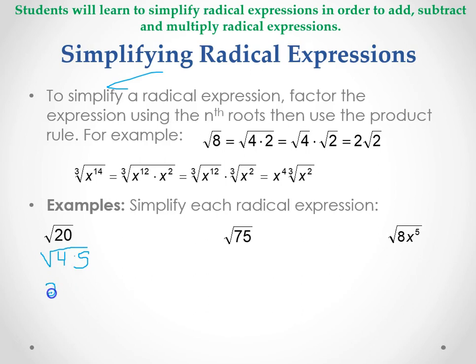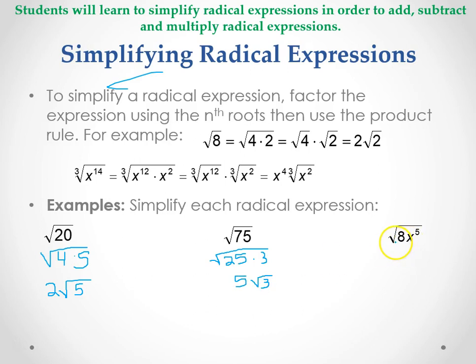Well, the square root of 4 is 2, and then we've got the square root of 5. For 75, what's a perfect square that goes into 75? Well, it's 25. So 25 times 3 gives us 75. So the square root of 25 is 5, and then we still have a square root of 3.